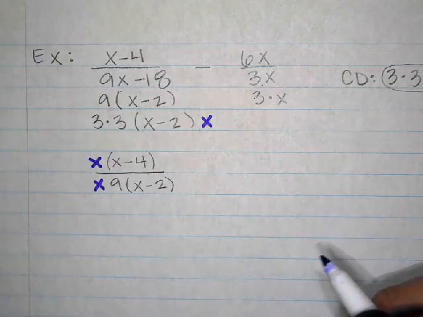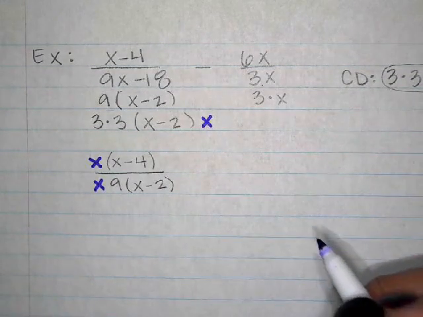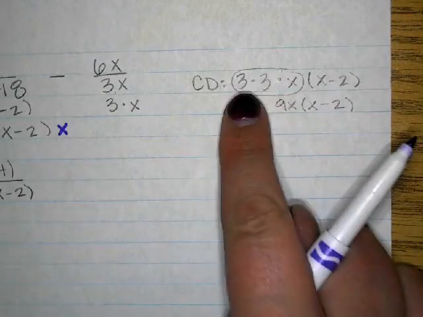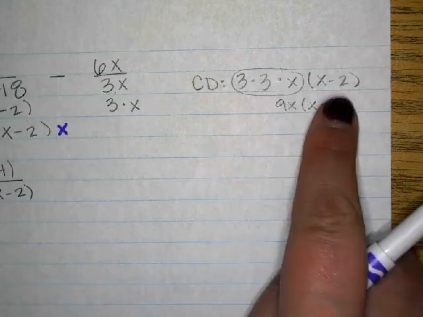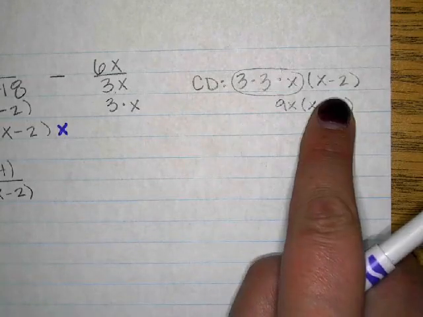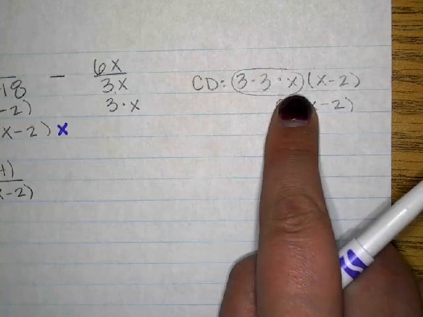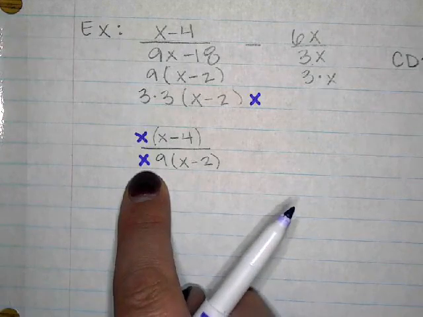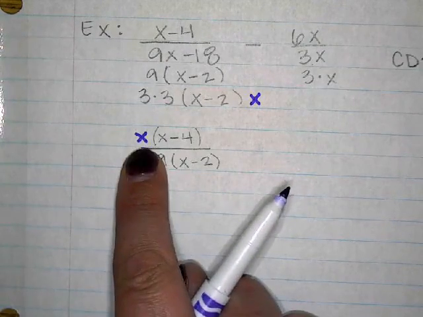Whatever I do to the top, I do to the bottom. The common denominator is 2 3s, an x, and an x minus 2. We had 2 3s, and we had an x minus 2, but we didn't have the x. So we had to put an x on the bottom to make the common denominator, and if we put an x on the bottom, we have to put an x on the top.